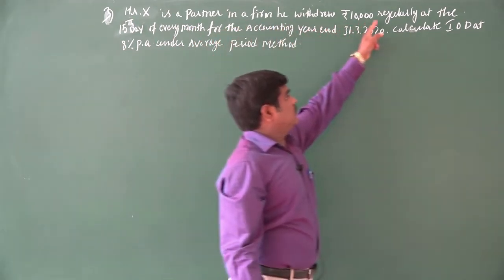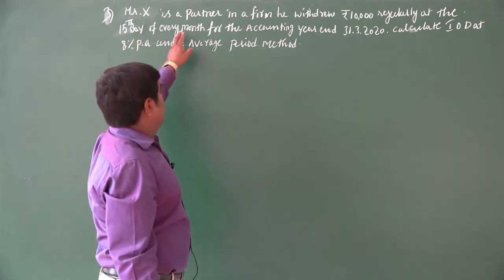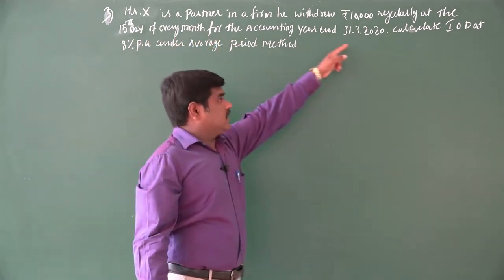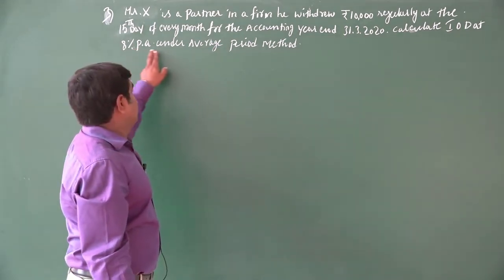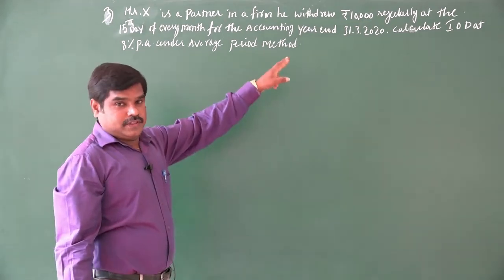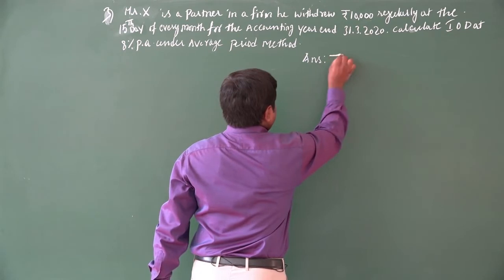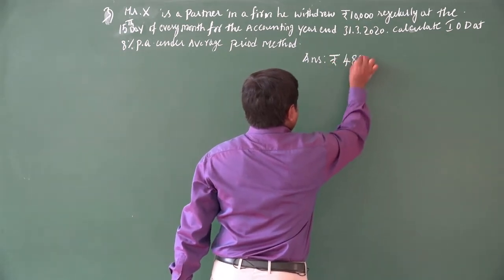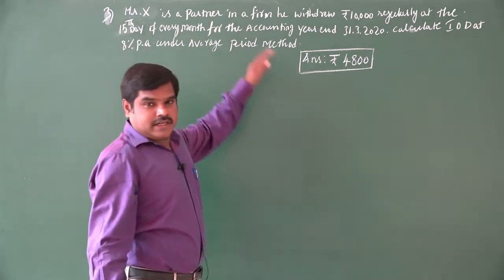He withdrew rupees 10,000 regularly at the 15th, the middle of every month, for the accounting year ending 31st March 2020. Calculate interest on drawings at 8% per annum under the average period method. Try this problem; it's homework for you. The answer you're going to get is 4,800.